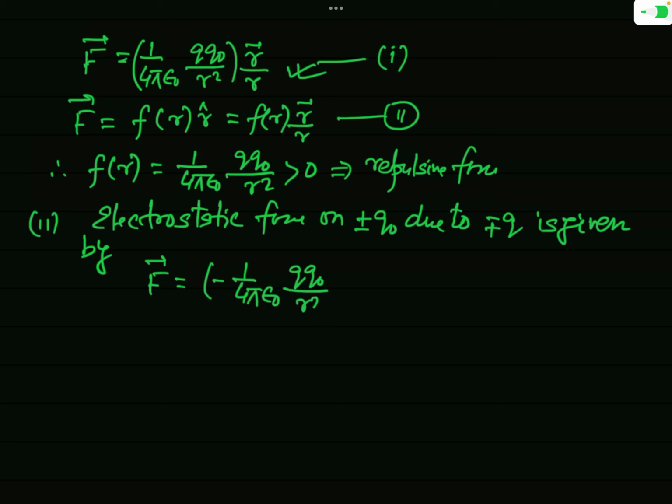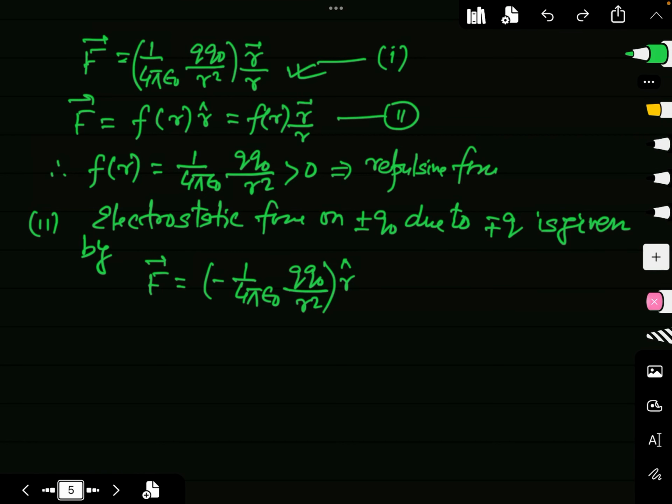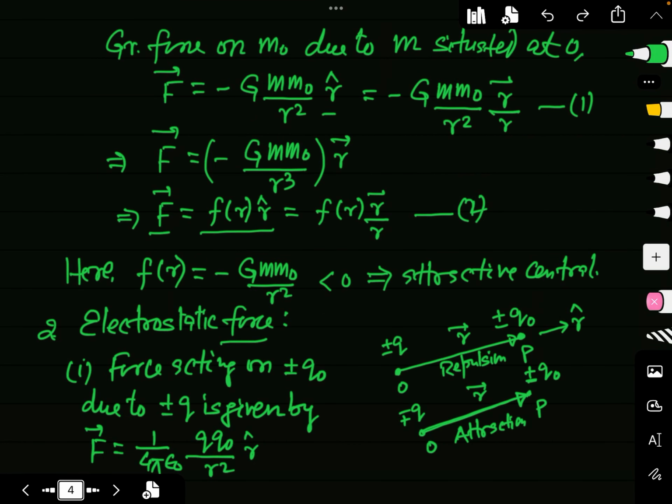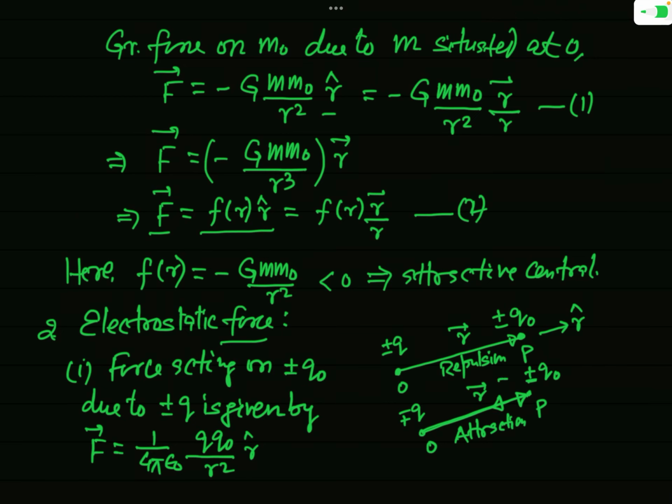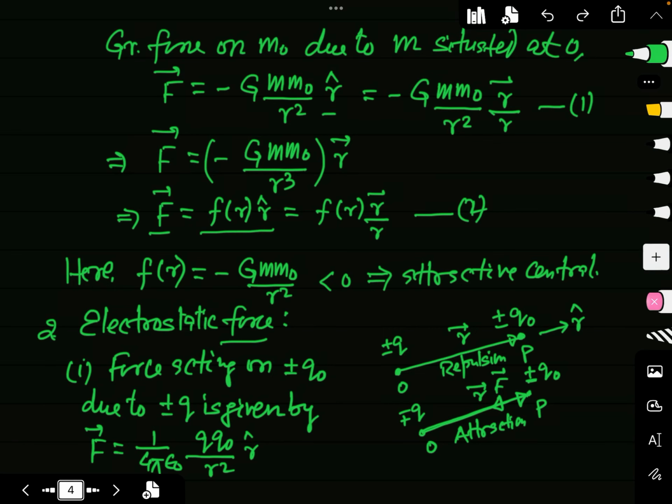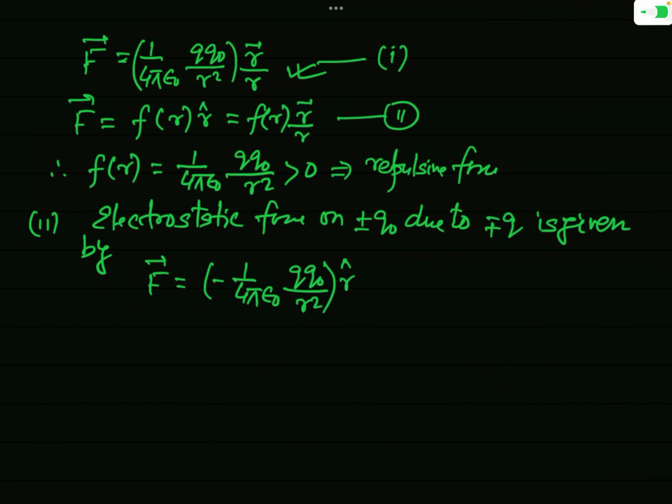Q naught over R square times R hat, because in this condition the force will be attractive, and this force on Q naught will act in the decreasing direction of this vector R, and so I have put here the sign of minus. Okay, and again you can see that this F is just equal to F of R times R hat.